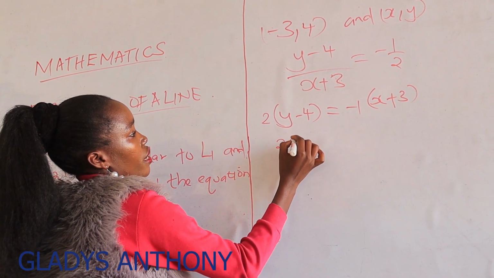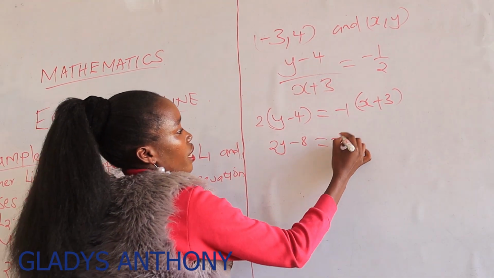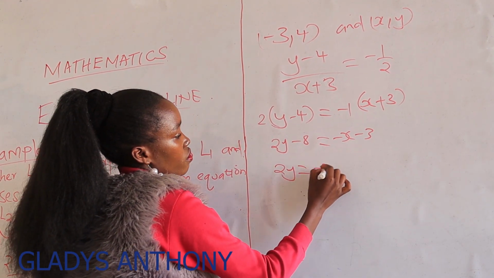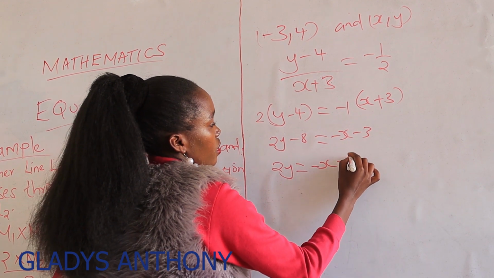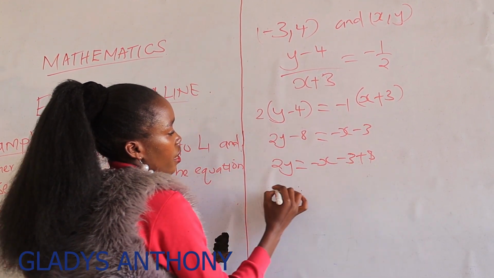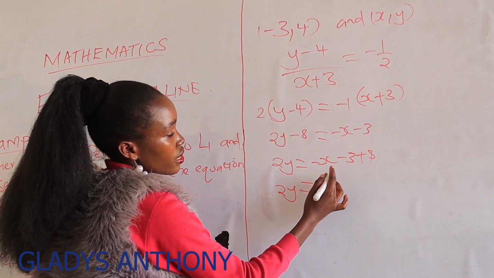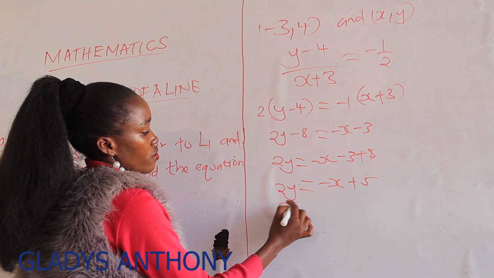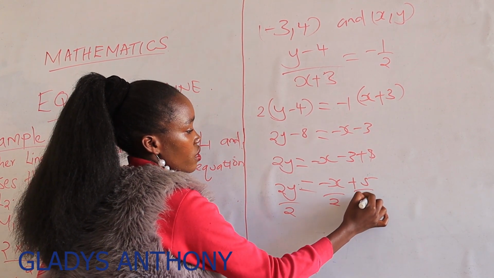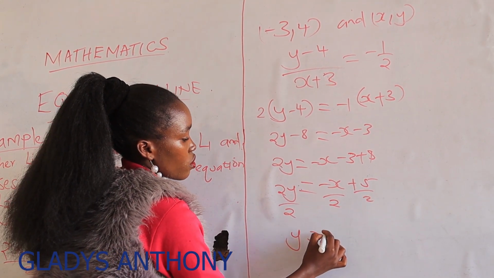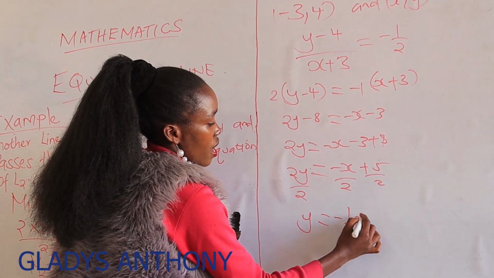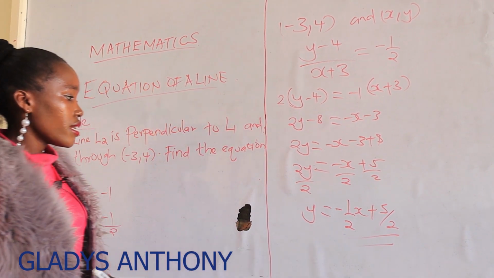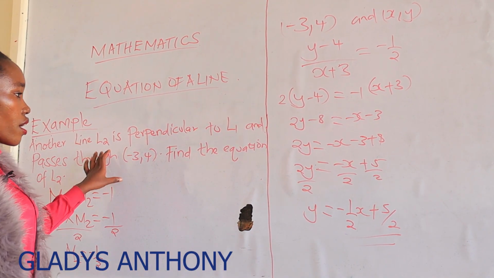This will be 2y less 8 is equal to -x plus 3. So 2y is going to give us -x plus 3 plus 8, so 2y is -x plus 11. We divide by 2, so y = -1/2 x + 11/2. So this is the required equation of L2.